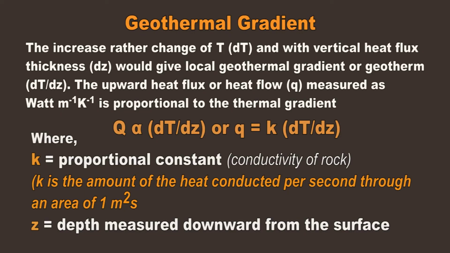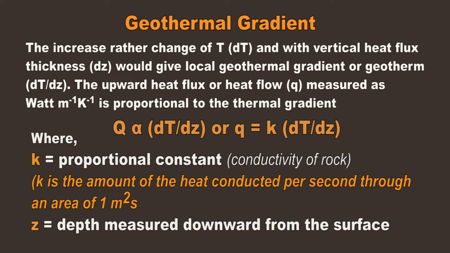The change of temperature dT over a vertical thickness dz would give the local geothermal gradient or geotherm, that is dT divided by dz.